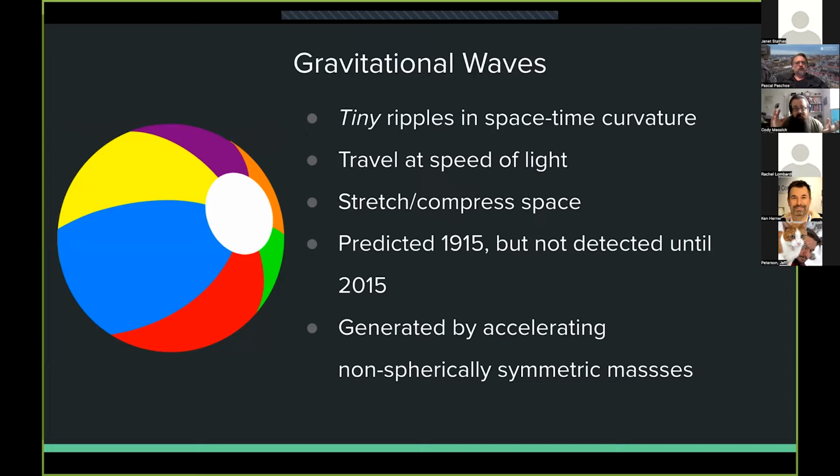But if you had something on there to break that spherical symmetry, say the little annoying thing you pull out to blow the ball up, deviates from a sphere, whenever that dips into the water, you're going to get ripples. You could think of gravitational waves as the same thing. When you get a mass that's not spherically symmetric and it accelerates, it creates ripples in an analogous way.